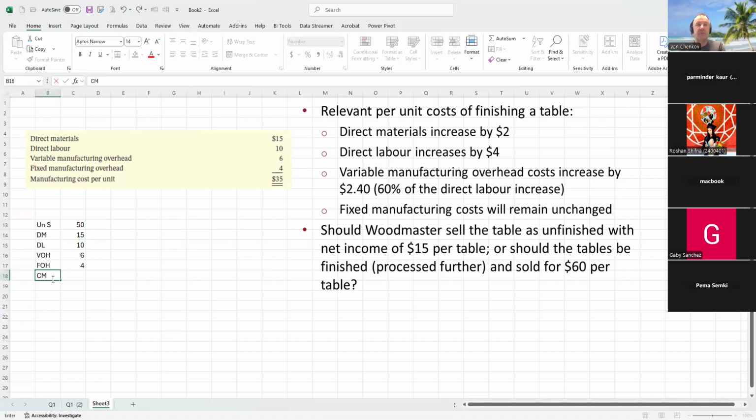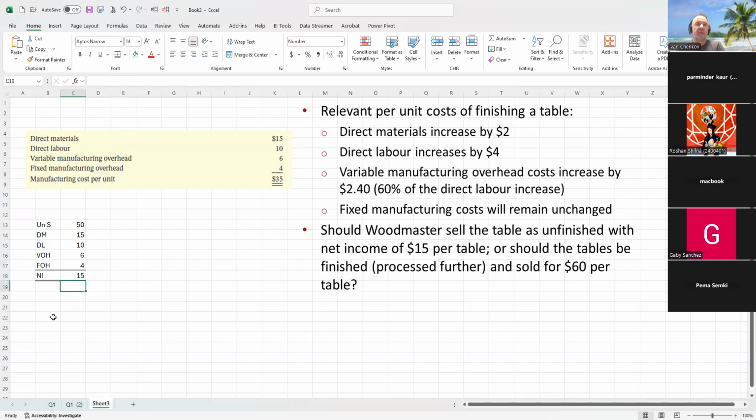We're generating a contribution margin of, actually that will be operating income here in this case. It's gonna be this one minus this one minus that one minus this one minus this one. Okay, we're generating $15 per unit, correct? That's if we have it as unfinished. But now let's finish it. What's gonna happen?